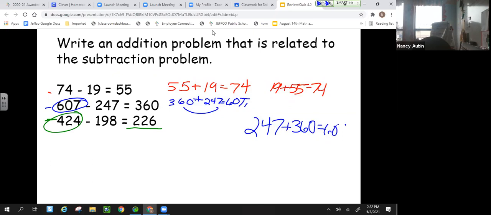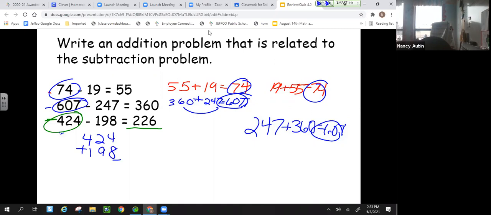The big number is the answer or the sum. 74 was the answer or the sum, and it's the big number. So make sure you're not adding those two together. Because if I add 424 plus 198, am I going to get 226? No, I'm going to get 622. Big difference, right?